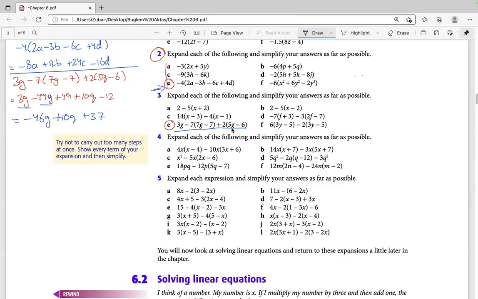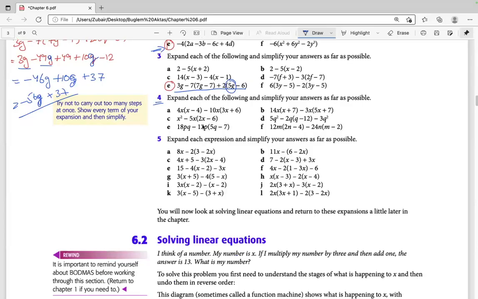Sorry, I copied that q, this was g. So if that's g, this is negative 56g plus 37. Now, do we have the same answer? Yeah. Okay. I was the one who was telling you to be careful with the elementary mistake.